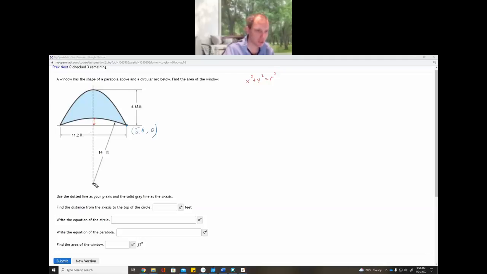It's shifted down by some amount. We'll call that amount A. So then this would be x squared plus y, because I'm shifting down, I want y plus A, squared equals 14 squared.